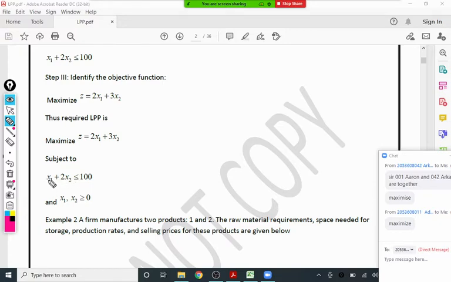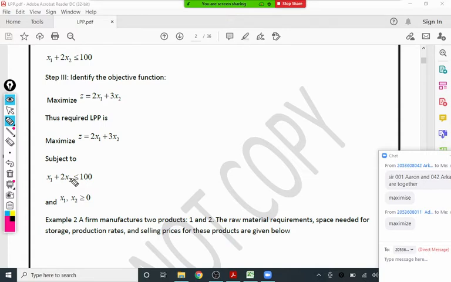So he can purchase all 100 items of A only and sell those, or he can purchase a maximum of 50 items of article B and sell that only, or he can take partial A and partial B. These are the different possibilities.